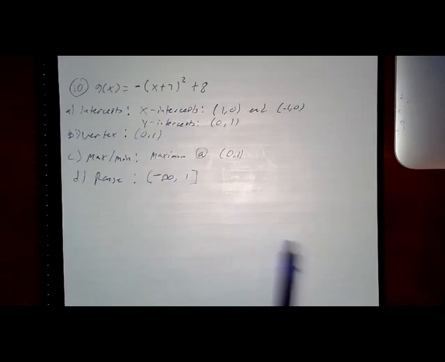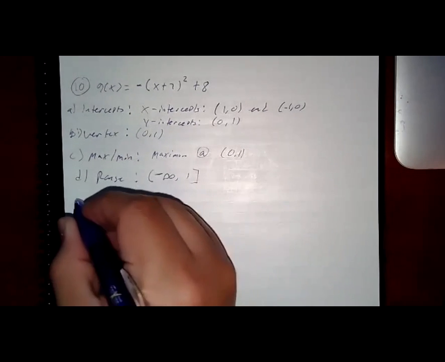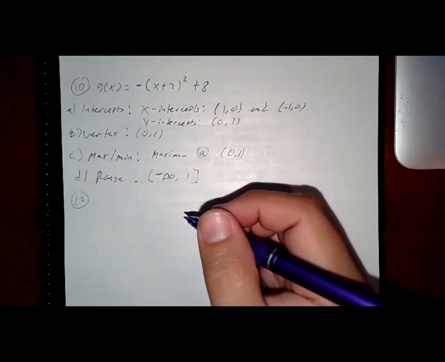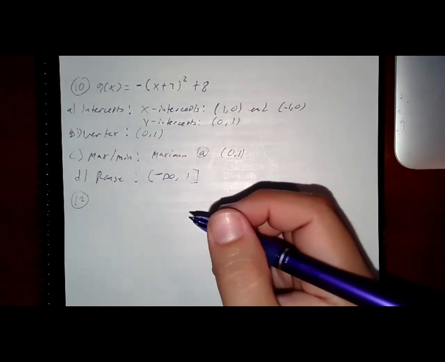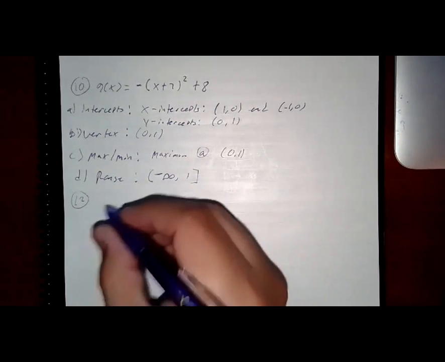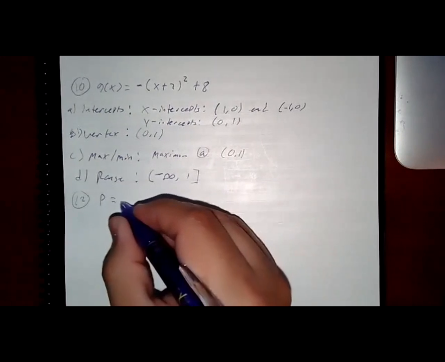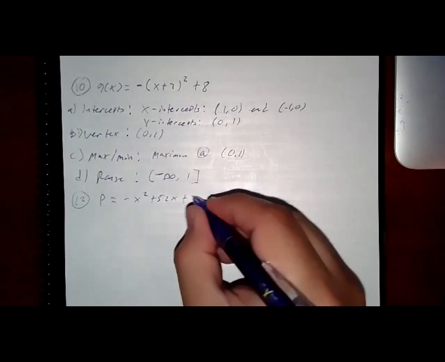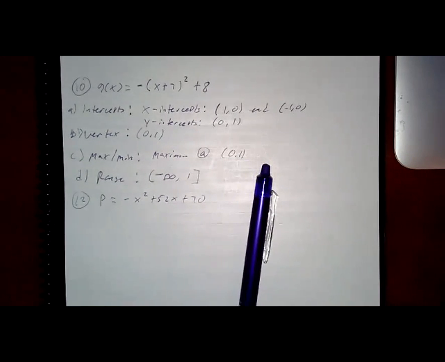So basically, we need to see what the max of the parabola is, right? We have the profit function, negative x squared plus 52x plus 70. So let's find the maximum, because if we go beyond the max, we start to lose money. You need to figure out how many hot dogs to sell, because if I make too many, I will lose cash, right? Eventually people don't buy them, they spoil or whatever. Who knows what happens?